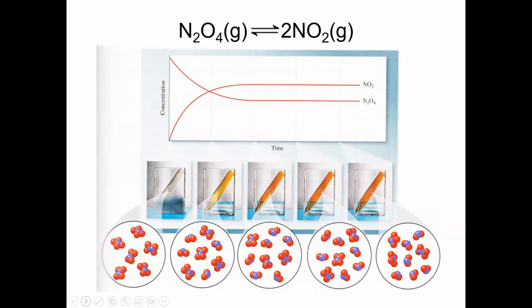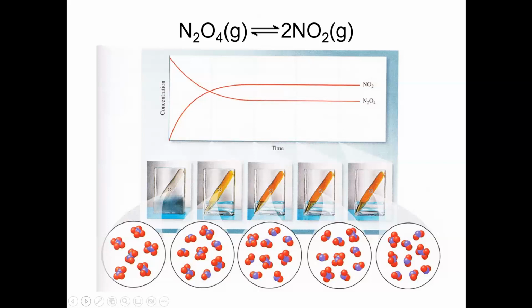So here is a way that equilibrium can be expressed. Here we have a graph of the concentrations of our reactants and products over time. Notice the dinitrogen tetroxide is decreasing as the reaction occurs until it levels out. Our product, the nitrogen dioxide, is increasing as the reaction proceeds until it levels out.